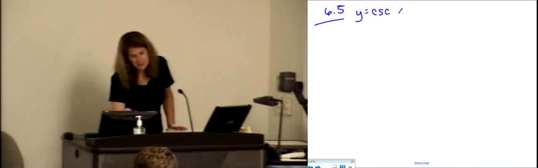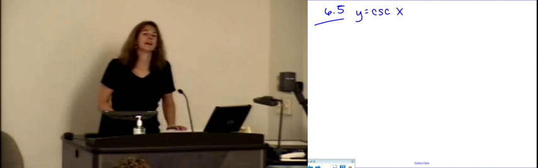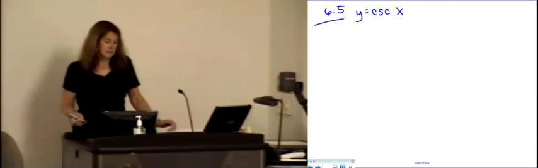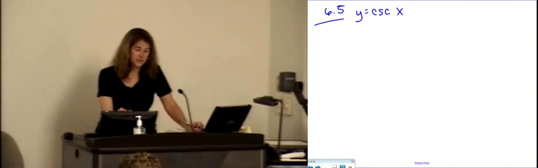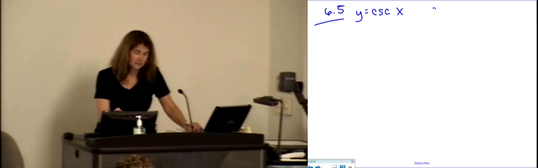We're going to start out, I don't remember what the textbook starts out with. This is in section 6.5. But we are going to start out with y equals cosecant x, the graph of that one. Because I want you to recall that cosecant is the reciprocal of which function?